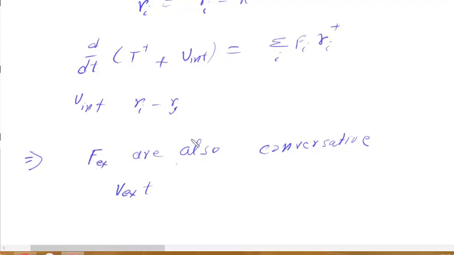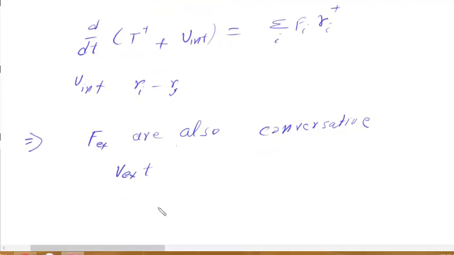Then we can write these equations with the external potentials also.